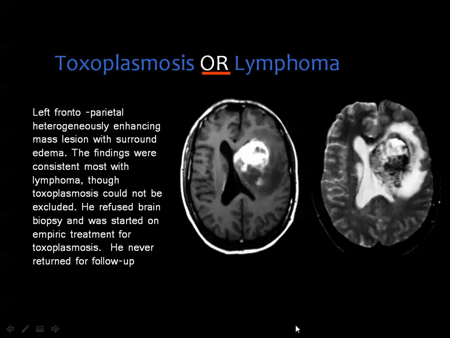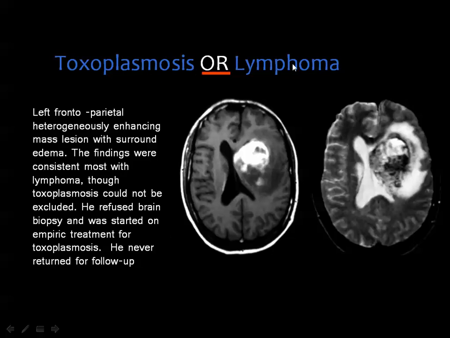Then in the countries where AIDS is a common disease, they usually say that whenever you are encountered with a lesion in the brain parenchyma, you are in the differential diagnosis between only two conditions, the toxoplasma and the lymphoma. Then the differential diagnosis is not that easy on imaging. You may say that the toxoplasma infection will show restricted diffusion on diffusion weighted images, while lymphoma will not show restriction, being a neoplasm.